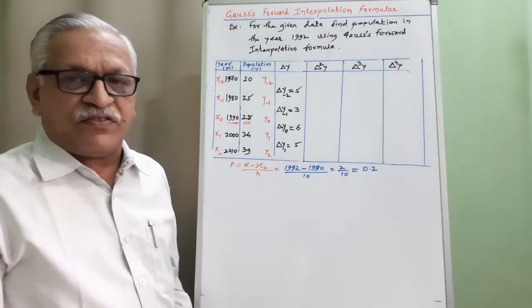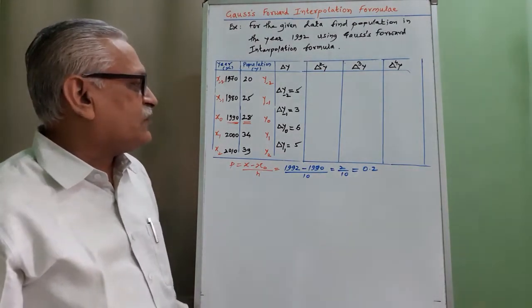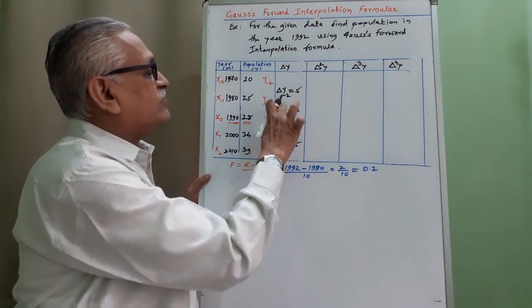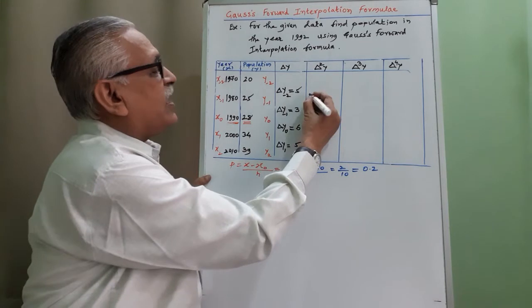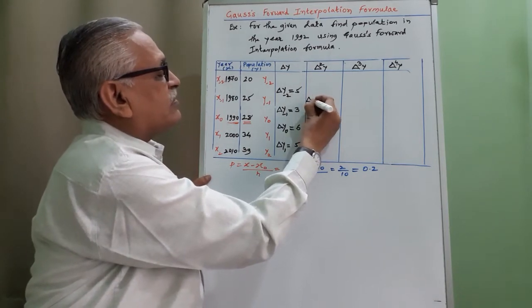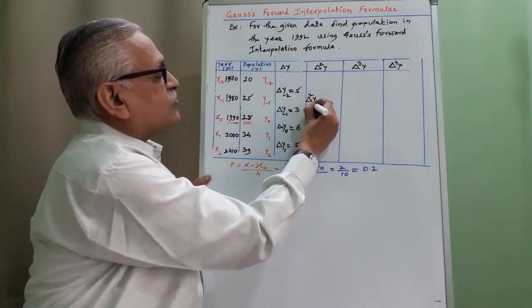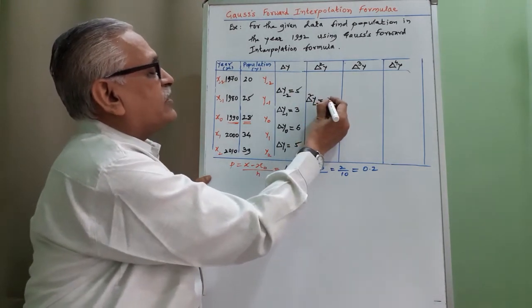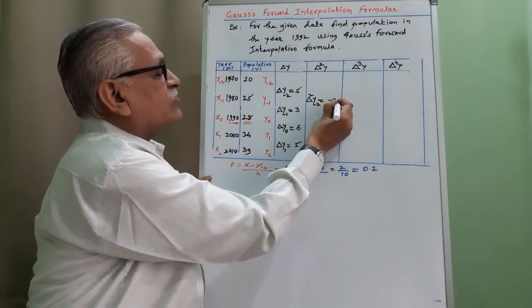First forward difference, then differences of these differences. We get del y minus 1 minus del y minus 2 as del square y minus 2 as 3 minus 5, we get minus 2.